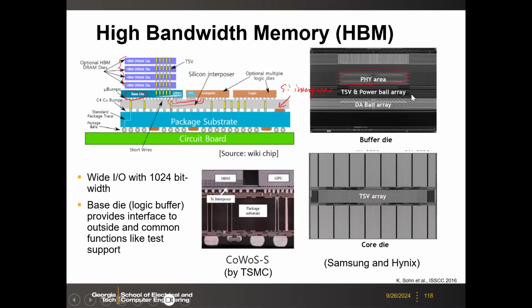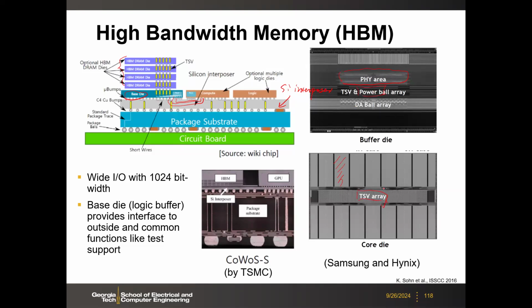And then the rest of the area is the TSV and the ball array or the bonding. On the top dies, those are the DRAM dies. In the DRAM die, you have the memory DRAM banks, and in the middle, you have the TSV array. This TSV array will talk to the TSV array underneath.